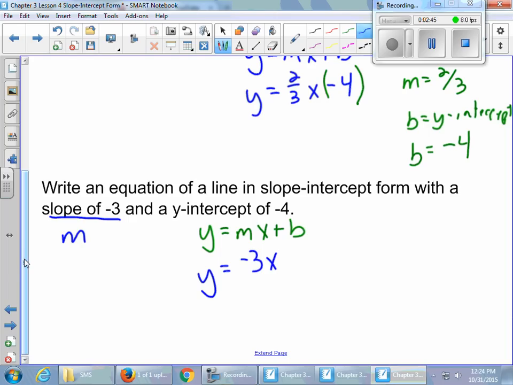B is our y-intercept, and our y-intercept is -4, so we put a -4. That's as simple as it can be. Y equals -3x minus 4 is our equation of our line in slope-intercept form. If you have any questions, write them down and circle them so we can go over them in class, or you may re-watch the video at this point.